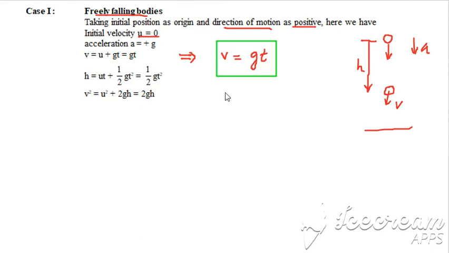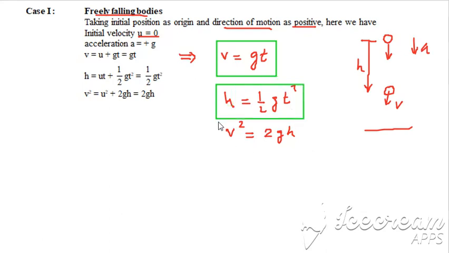So another equation will become h is equal to half gt square. Then similarly, using the third equation, we will get v square is equal to 2gh, simply because initial velocity is 0. So these three equations will be known as equations of motion in case of free falling objects. We will be using them to solve our problems.